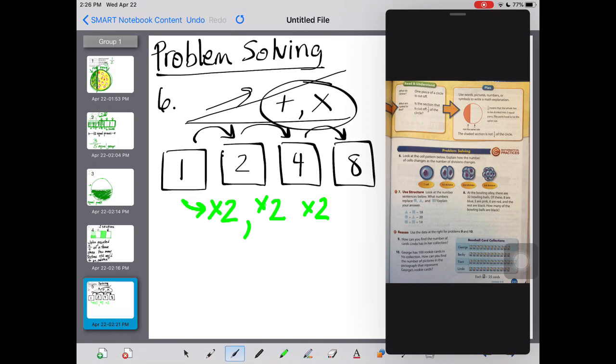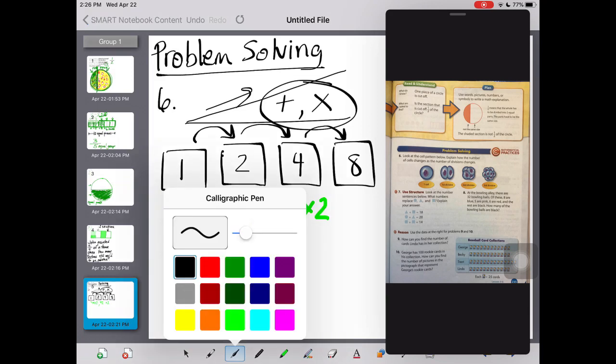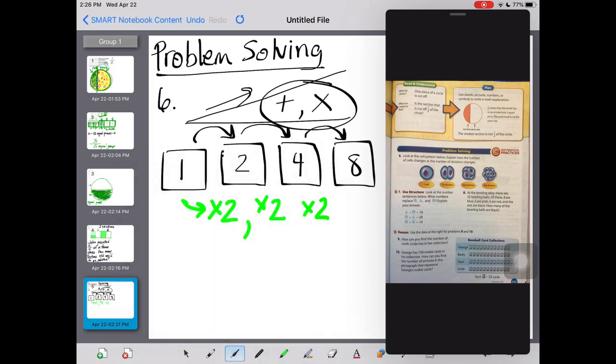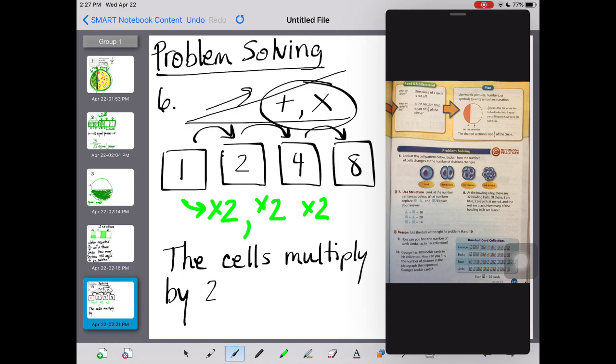So we would want to answer that. Explain how the number of cells changes. The cells multiply by 2 for each division.